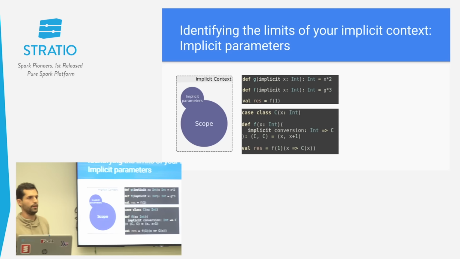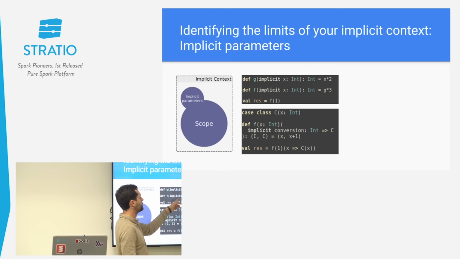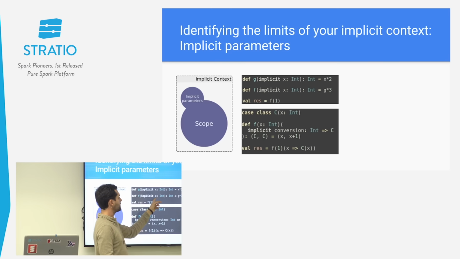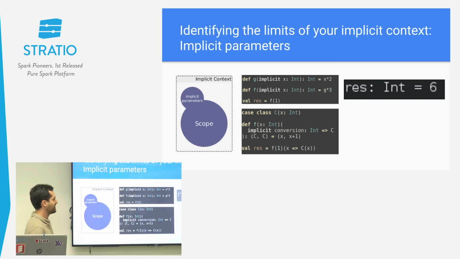This should fail, but since Scala has propagated the implicitness of the parameter, this x becomes an implicit value within its body. So you can call it without any parameter. It will propagate the implicit value. So the result here will be, it's easier, 6.